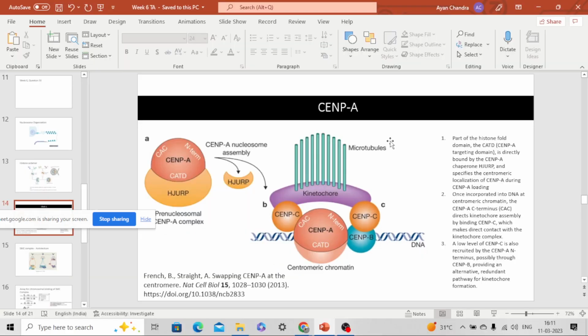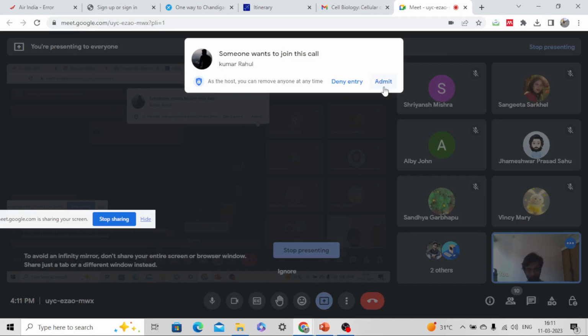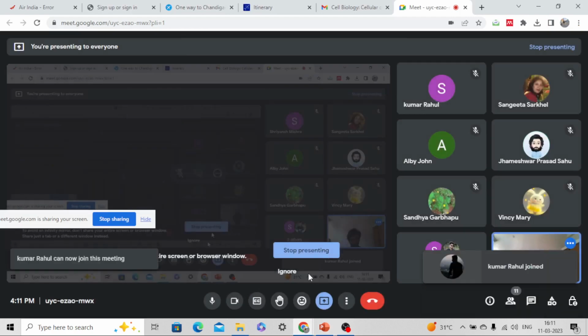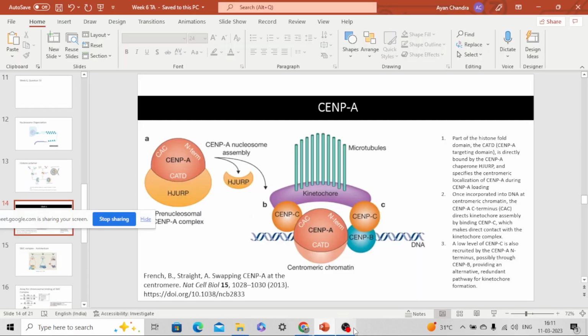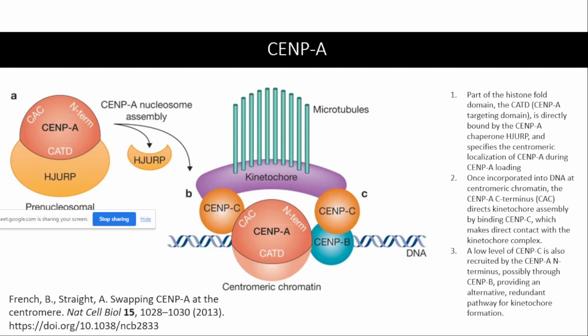Any doubt in this explanation? Please tell me. Any doubt? Why CENP is required in the centromere and how it helps in recruitment of the kinetochore complex. Is it clear? Any doubt? Please tell me.